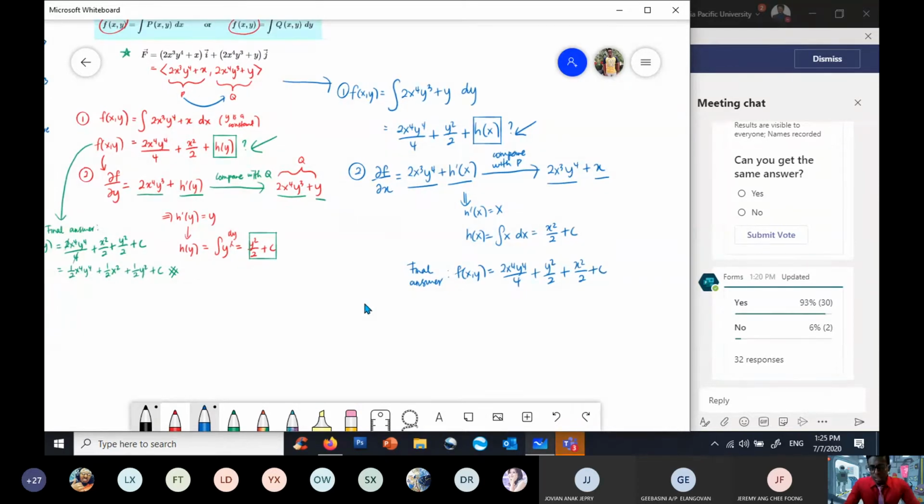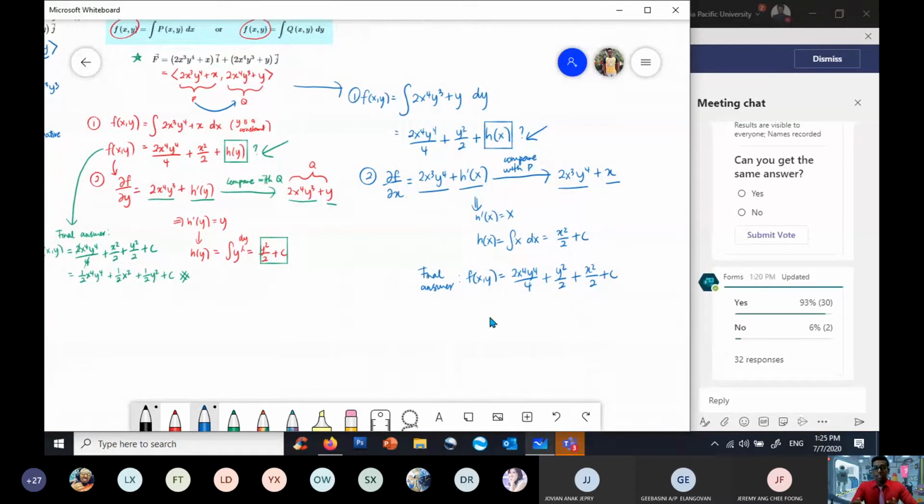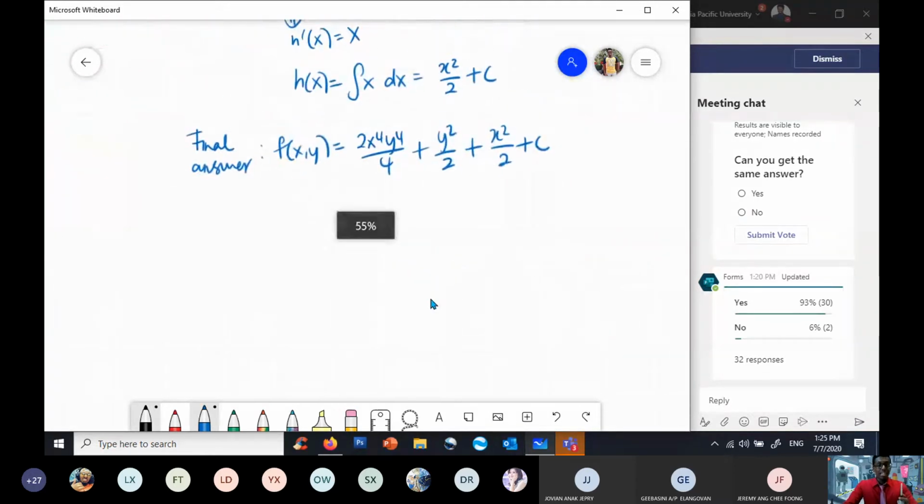And now, of course, most of you did get the two answers here. But how do we know that the answer that we get is indeed true? You don't have to do this part that I'm going to explain now, but just to convince you that your answer is true, I want to show that the scalar potential you get, according to the definition of conservative, do you still remember?